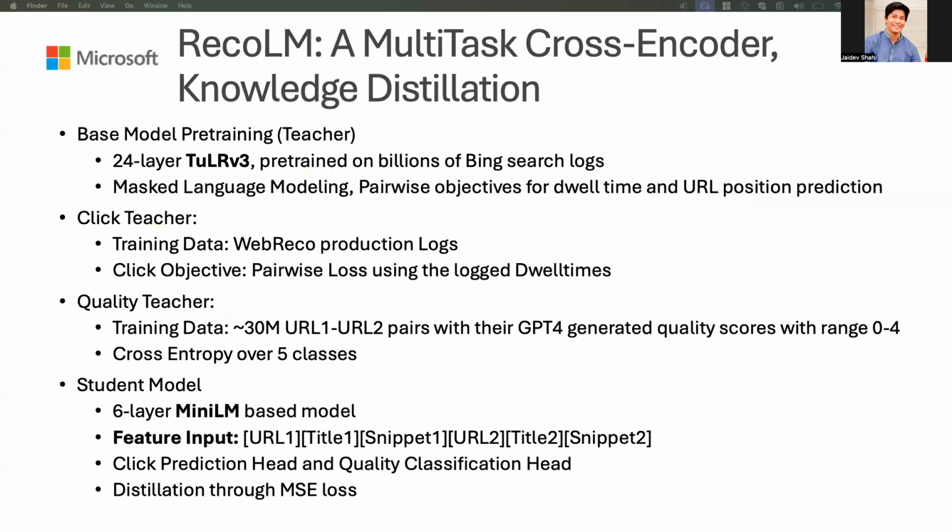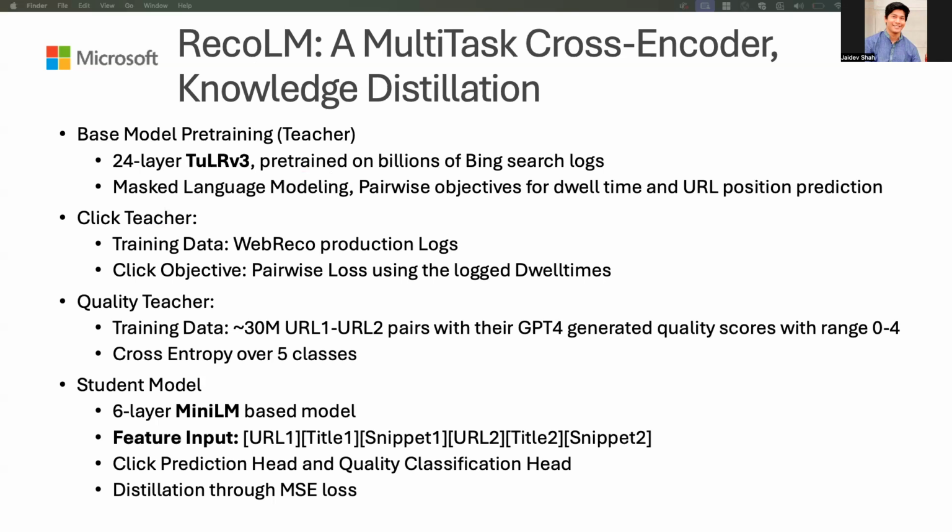RecoLM is the multitask cross-encoder that I mentioned in the system overview. The base model is pre-trained on billions of Bing search logs using a masked language modeling objective, but also pairwise objectives for predicting dwell time and URL position.